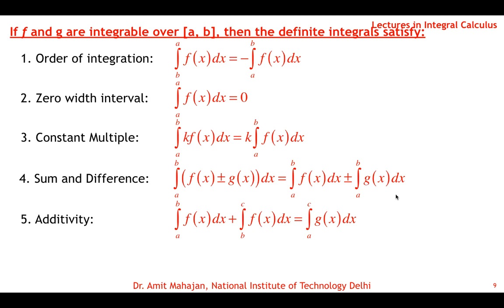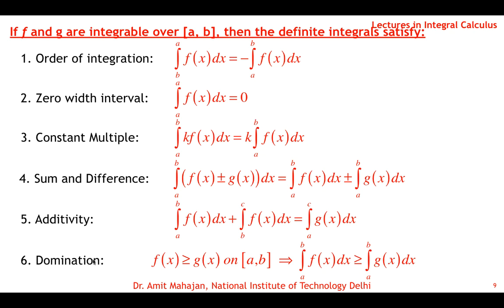So if you have interval a to c and b is a point inside, then the integral from a to b plus the integral from b to c will be the same as the integral over the complete length a to c. Again remember, this is not g(x), this is the same f(x) function.